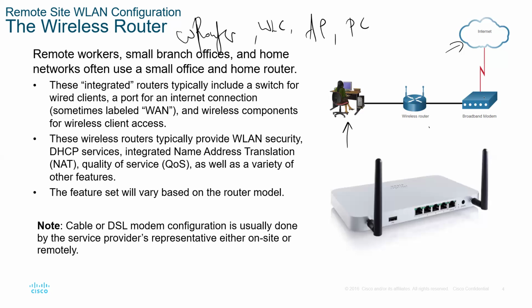Sometimes you have a modem and a wireless router separate. So the router is connected to the modem, then the router is responsible for giving internet access to wired or wireless clients.